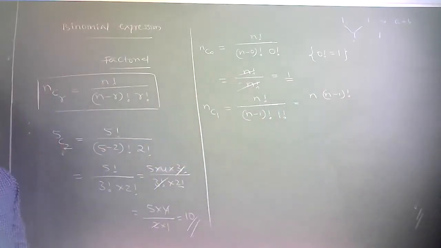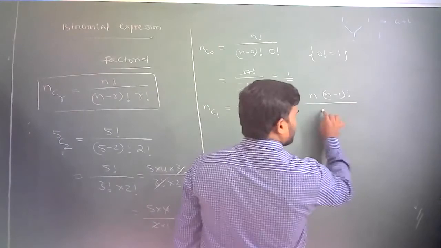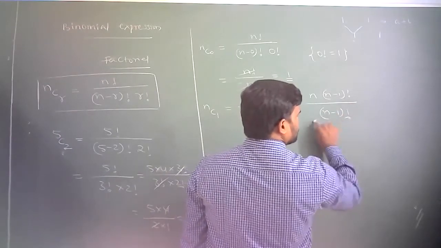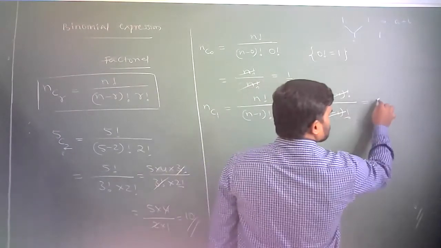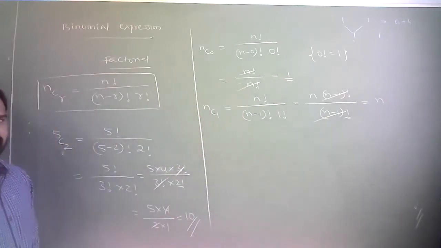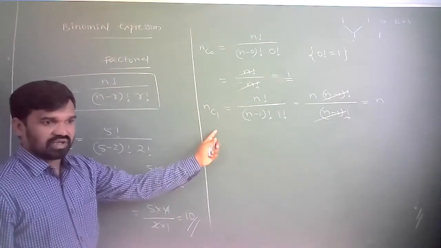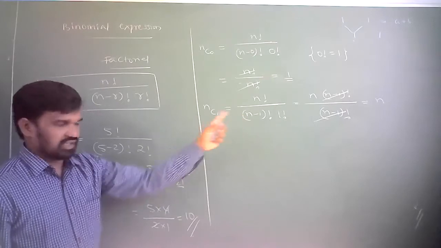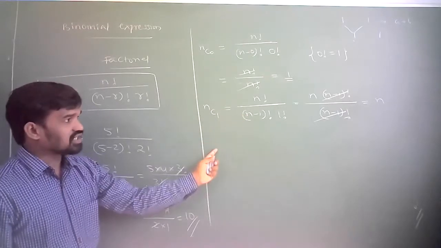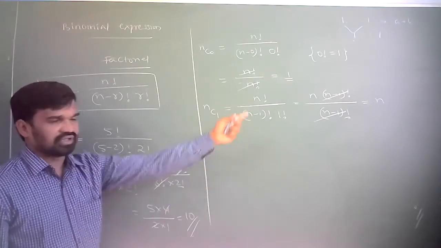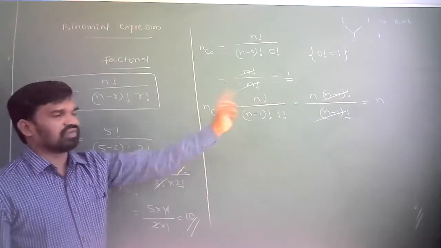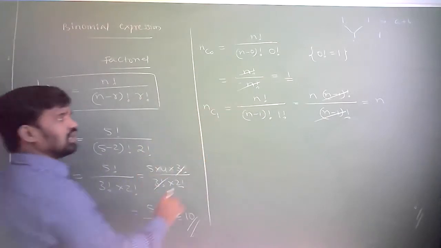The (n minus 1) factorial is there in both, so these two cancel, and the value is equal to n only. So 5C1 is 5, 6C1 is 6, 10C1 is 10, 100C1 is 100, 1000C1 is 1000. So NC1 value is always equal to n only.